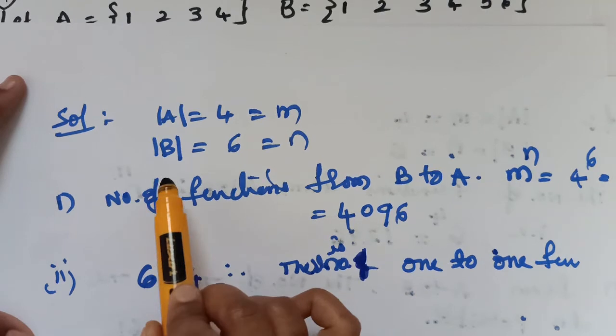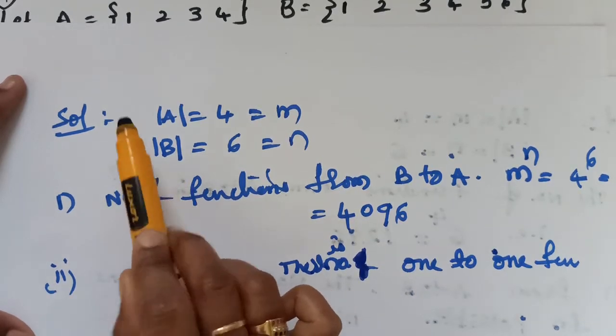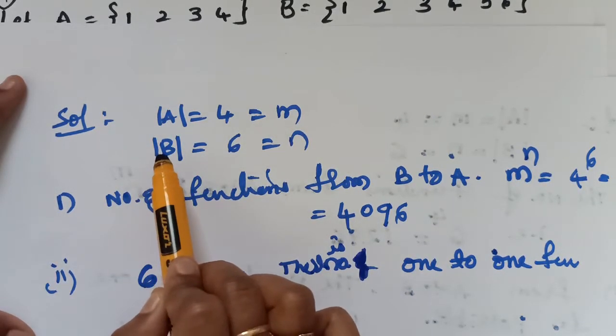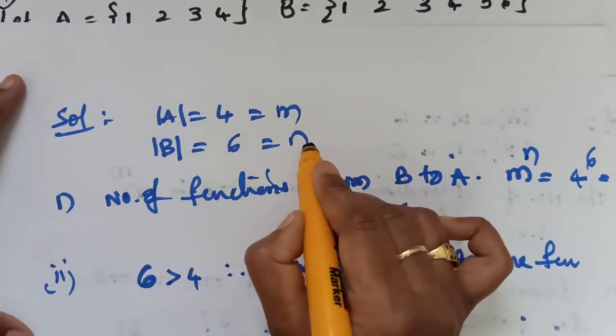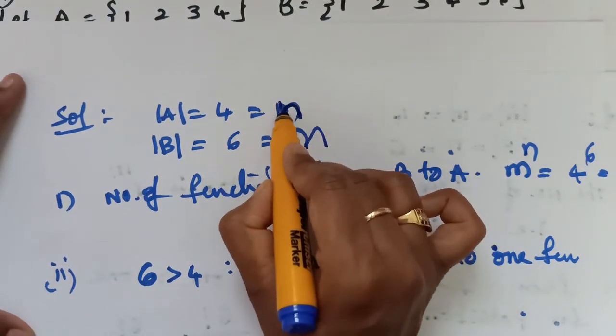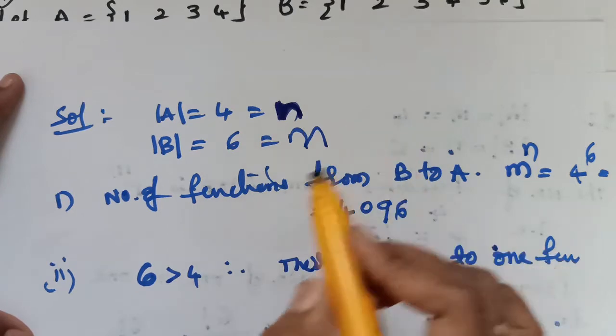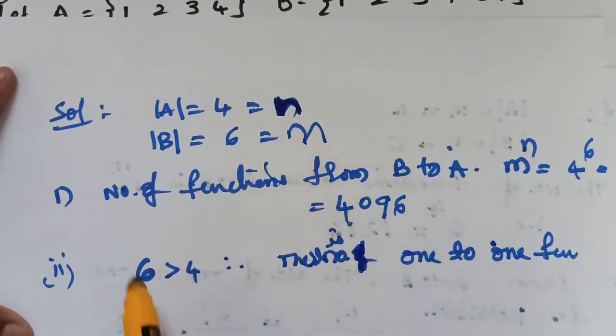You are finding 1-to-1 functions from B to A, not from A to B. So when you are finding B to A, you should consider this as m and this as n. So m is greater than n.